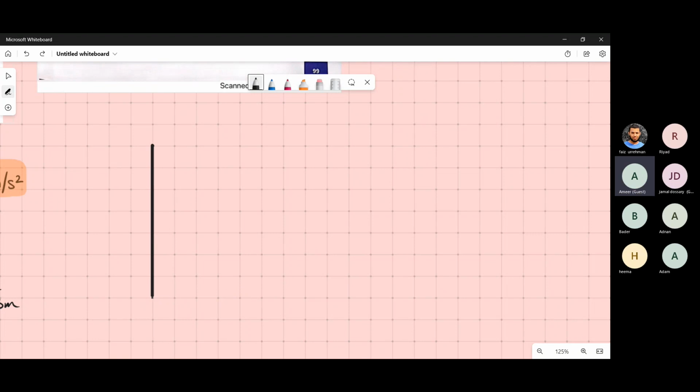To write the time on the left and distance at the bottom. That can also be there, but now I'm addressing something else.